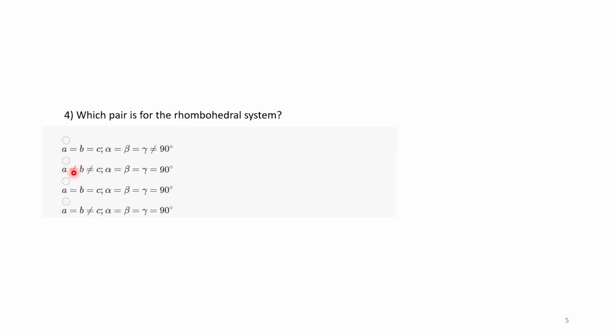Or a, b, c not equal, or alpha, beta, gamma all 90, or all these equal, which is for the cubic system, and a, b equal and not equal to c, or alpha, beta, gamma all equal to 90. So your answer will be the first one.